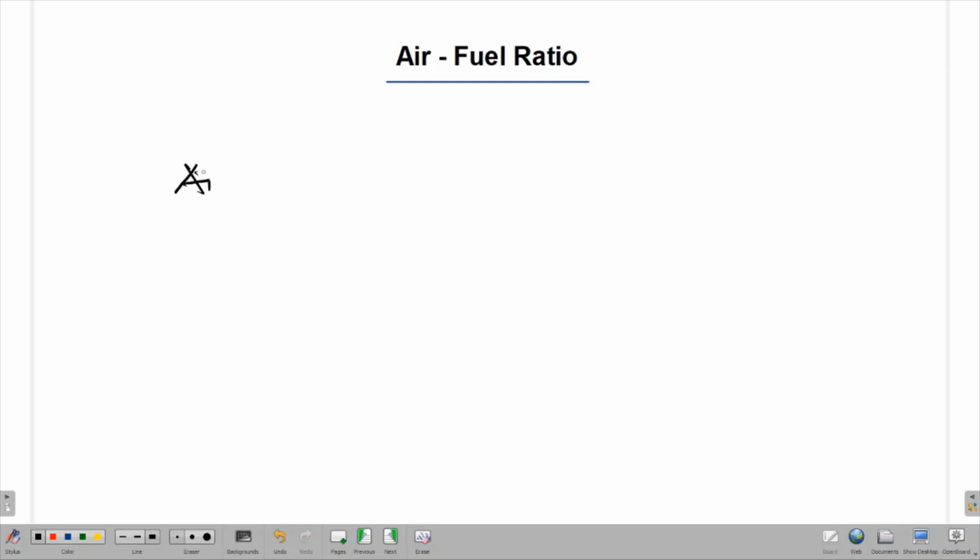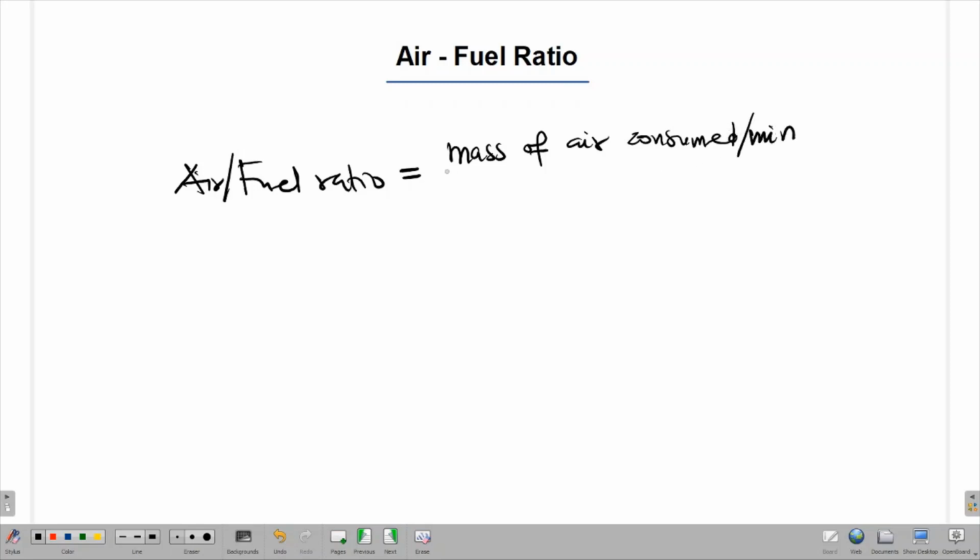Hence, it's written mathematically as the mass of air consumed per unit time, usually in minutes, to the mass of fuel consumed per unit time, also in minutes.